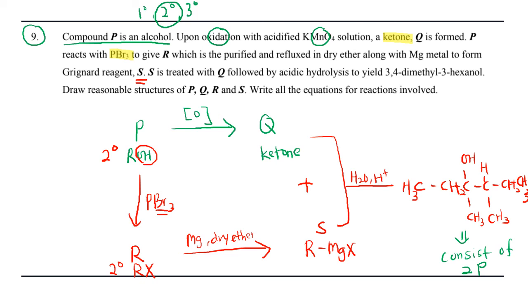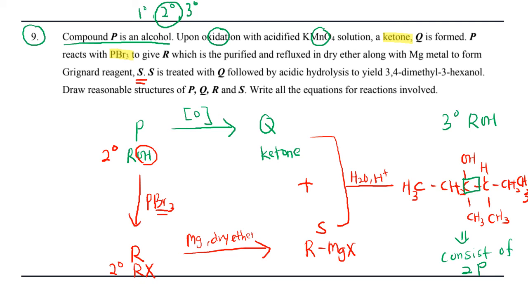We also notice that a ketone reacting with a Grignard reagent, followed by hydrolysis, produces a tertiary alcohol. So this is a tertiary carbon, and the product 3,4-dimethyl-3-hexanol is the tertiary alcohol.